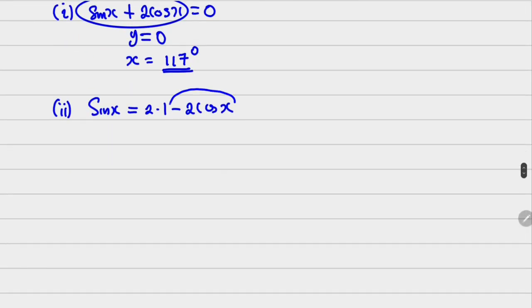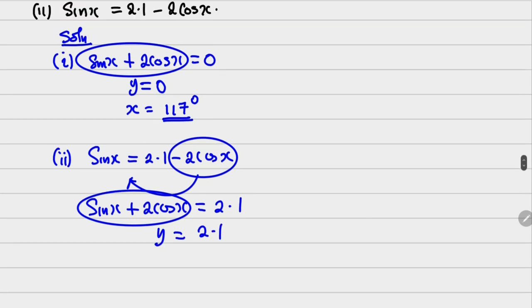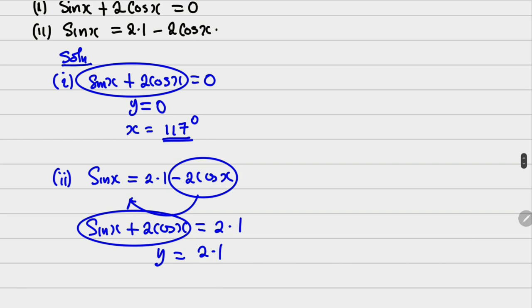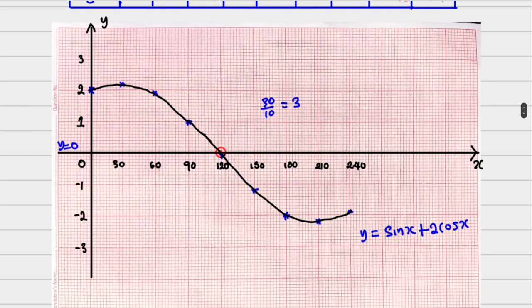You move this term over to this side. Once it comes over, we have sine x plus 2 cos x equals 2.1. Just as we established from the beginning, this is y, which is equal to 2.1. So they are asking you to find the values of x at the point where y is equal to 2.1.